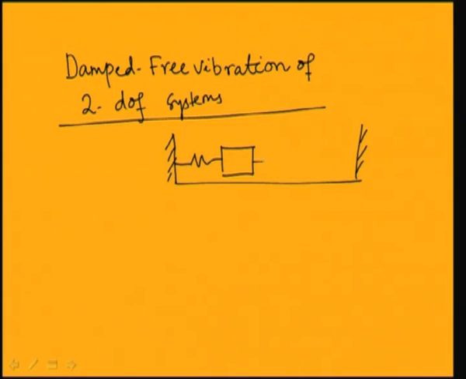This is mass 1, this is mass 2, with springs K1, K2, K3, and we have also put dampers here. Let me draw it clearly. This is the second mass and spring, and I put a damper also. So this is C1, C2 and C3.